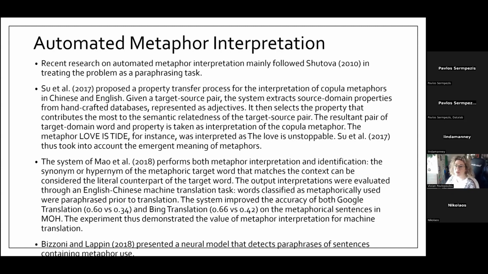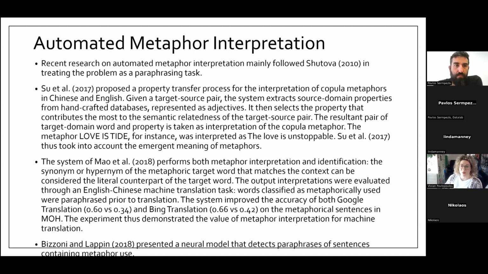So anyway, the resultant pair of target domain word and property is taken as the interpretation of the copula metaphor. So if I have love is time, the conceptual metaphor, it is interpreted as love is unstoppable. And this means that in 2017, the work done by Su took into account the emergent meaning of metaphors.